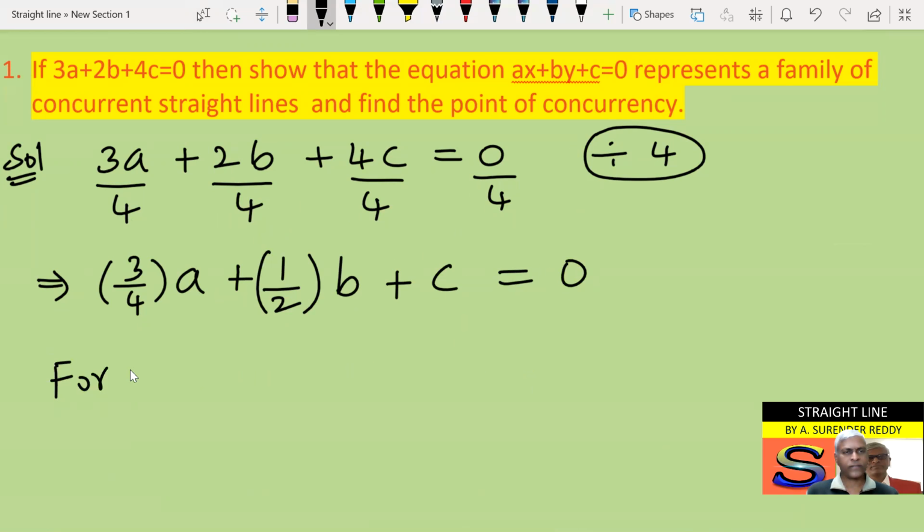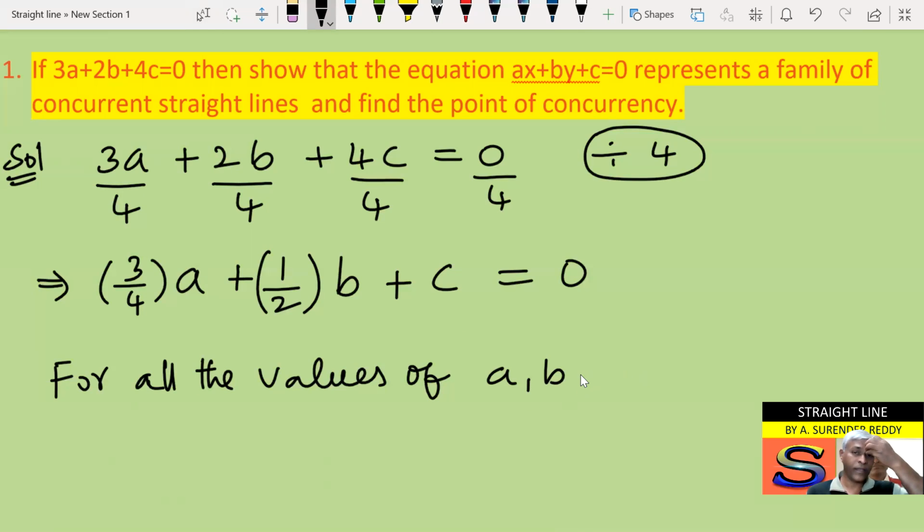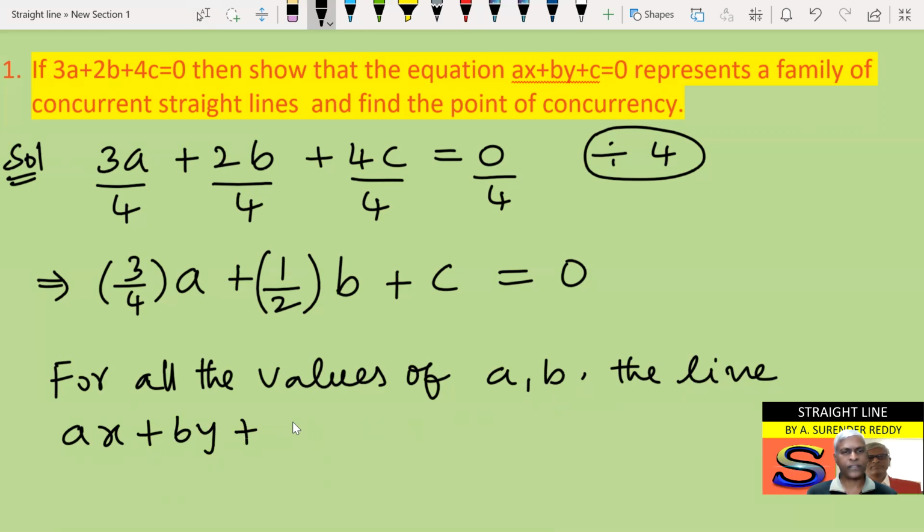So for all the values of a, b, the line ax plus by plus c passes through x comma y.